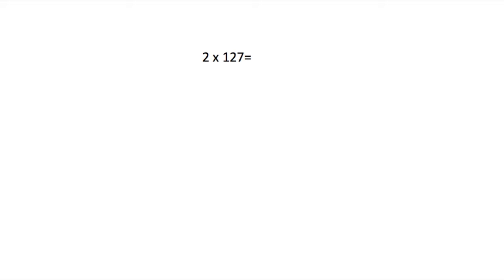So our first number here is 2. Let me write 2 right here. Now we're going to break up 127 from hundreds to tens, from tens to ones. Let me write the multiplication sign here.